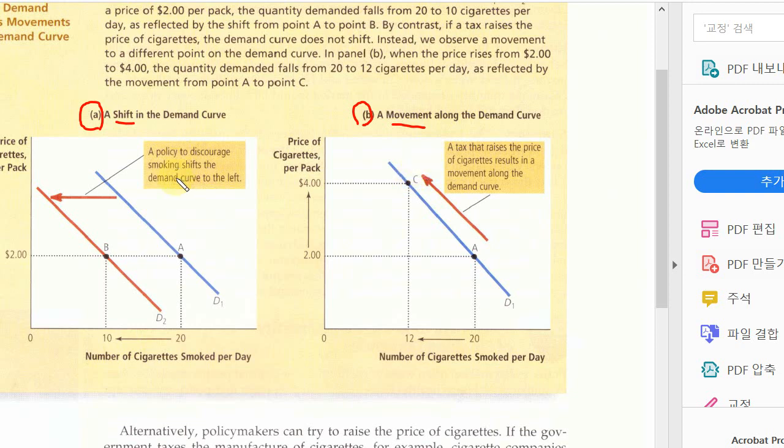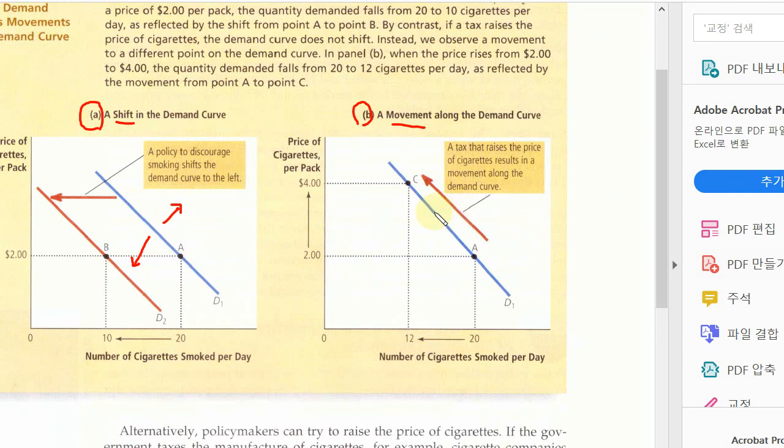A shift means that the demand curve itself moves upward or downward, left or right. Shift downward, shift upward like this. The meaning of this is different from the meaning of movement.